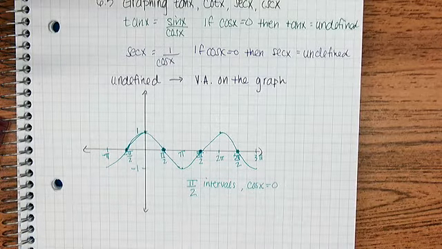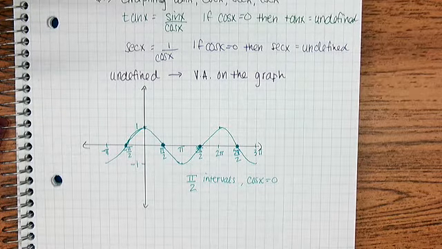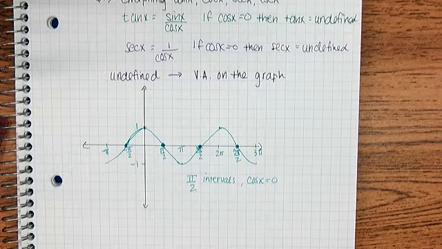In a previous video, I talked a lot about domain and range of secants and cosecants. I don't know, it was a video about a week ago. You might want to go back and watch that if you didn't.